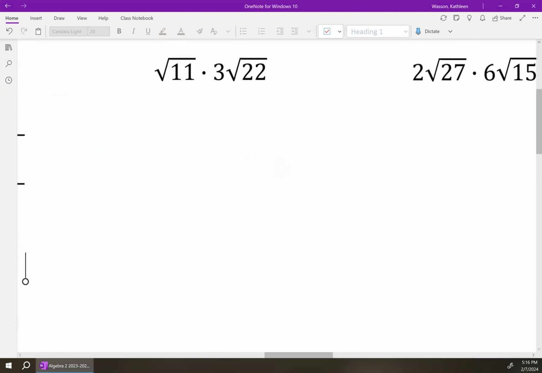With this first example, we will factor 22. 22 is 11 times 2. And then we'll multiply. We multiply the outside. There's a 1 here. So 1 times 3. And multiply the inside, and they are still in the radical.